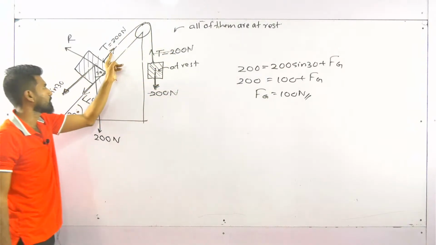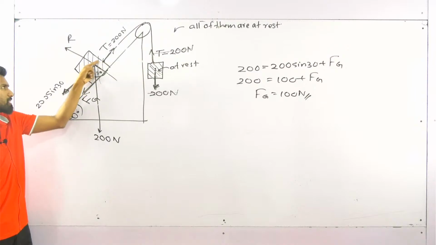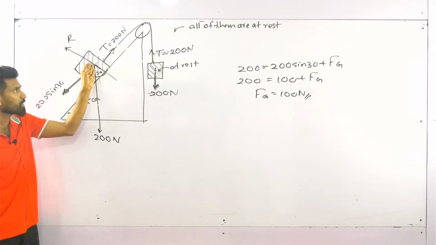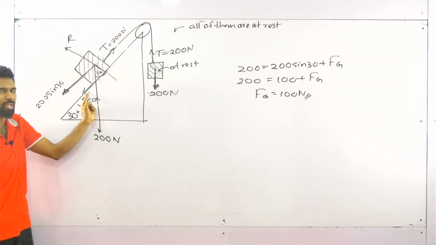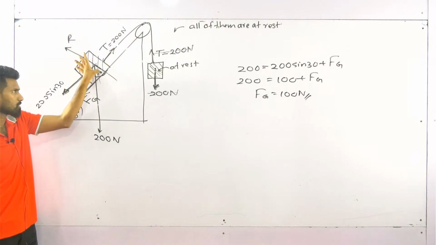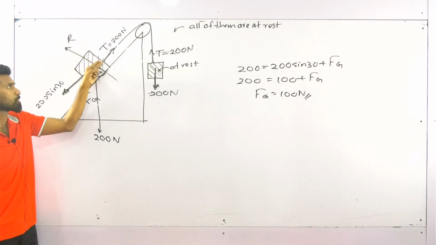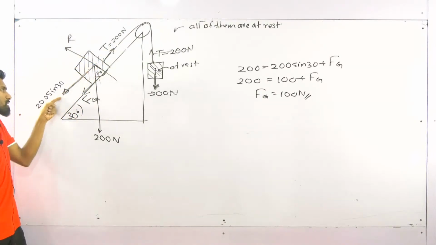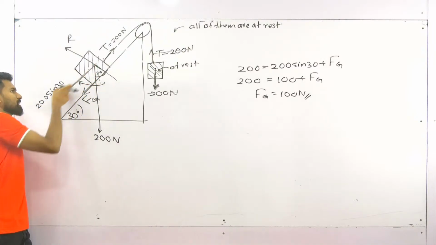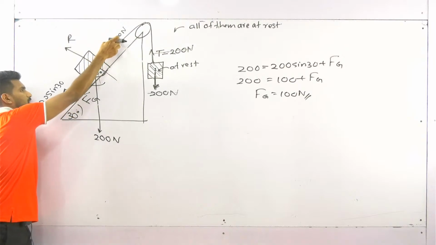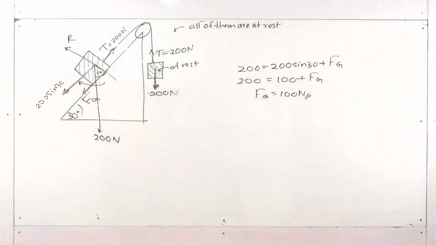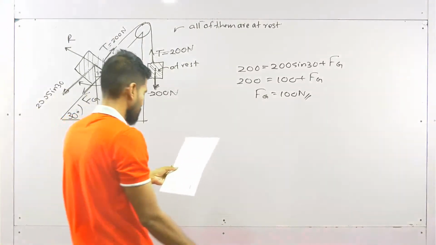On the other side of the pulley, this mass is attracted up by a tension of 200. So it will try to move upward, creating a friction in the other direction. But as they say, the object is not in movement, so this is also in equilibrium without motion. So 200 should cancel out with 200 sine 30, the gravitational component, plus friction. To do that, friction should be a 100 newton force, 100 newton down the plane. Answer is 2.